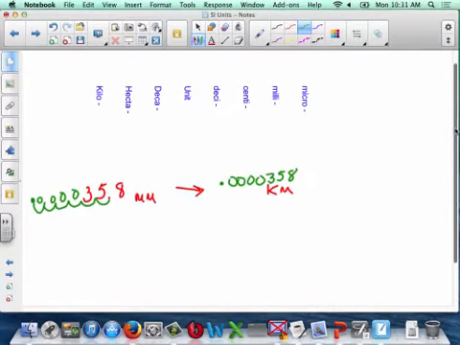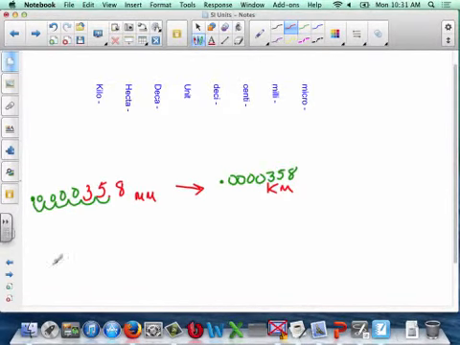And then we have the same issue if we go the other way around. Let's say I have 0.678 kilometers. And I want to convert that to centimeters. So where do I start? Kilo. And I need to get to centimeter.